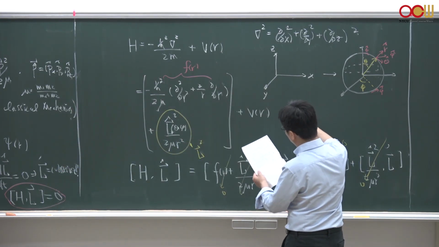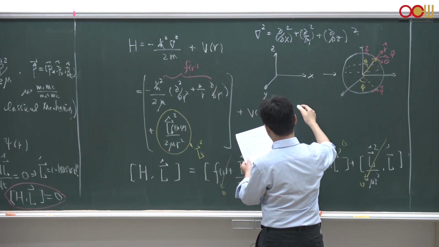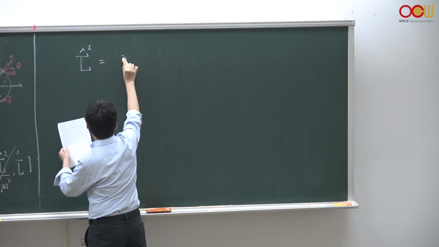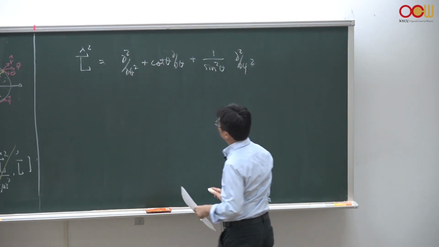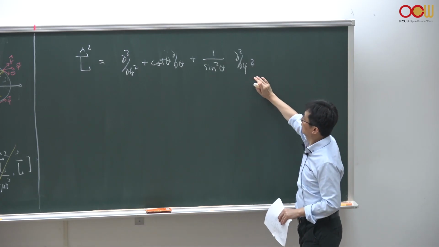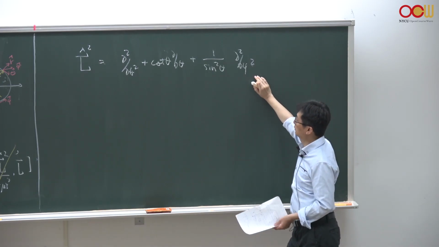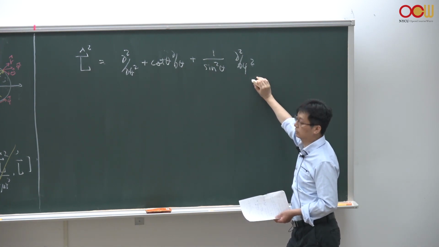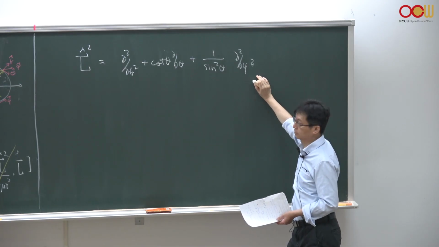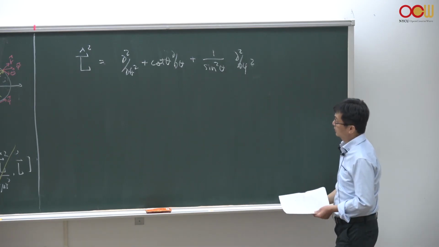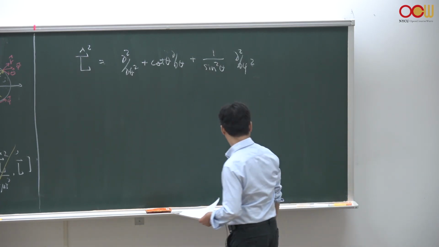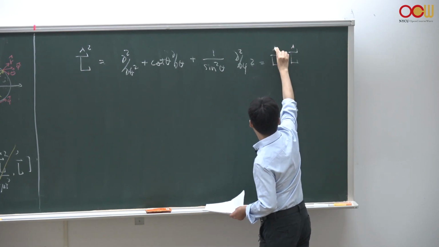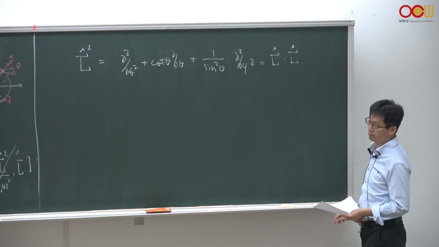So let me write down the formal definition of this square, which is L dot L. Again, we don't have time to discuss this derivation, but we will derive this spherical representation of the angular momentum vector operator later. This is the exact expression of L squared, which is L dot L as a vector and also as an operator.